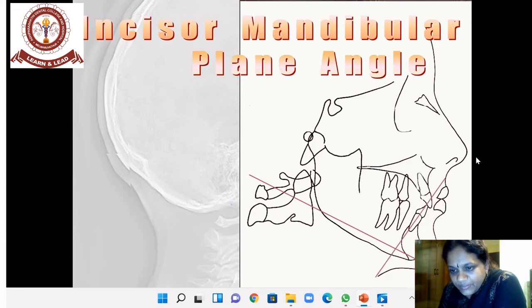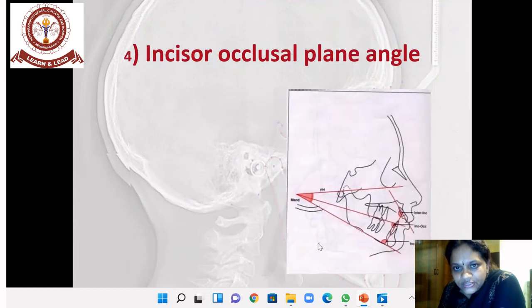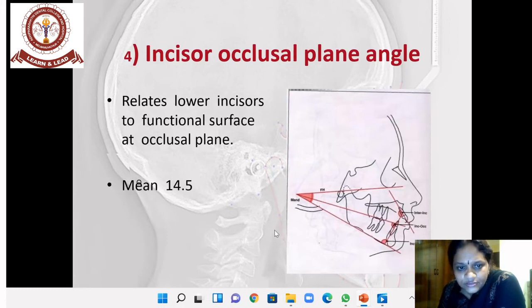And incisor mandibular plane angle is the same as in TWEED'S: you draw your mandibular plane and the long axis of the lower incisor, and this angle is your incisor mandibular plane angle. Then the incisor occlusal plane angle: this is your occlusal line, and then you draw the long axis of the lower incisor, and this angle is your incisor occlusal plane angle.